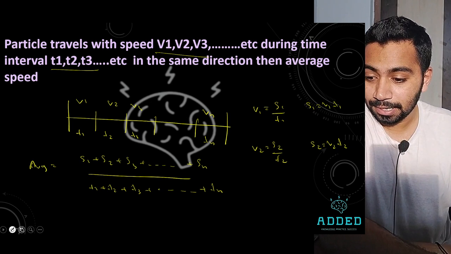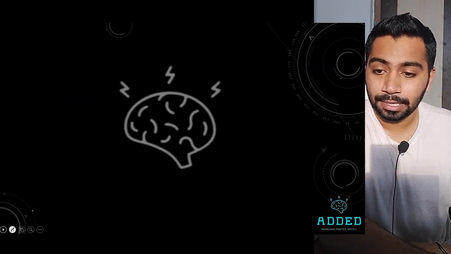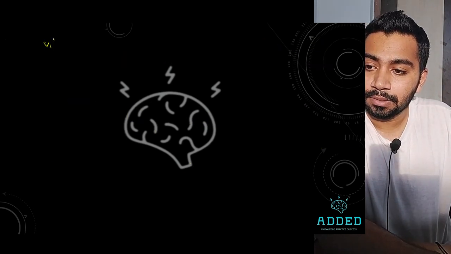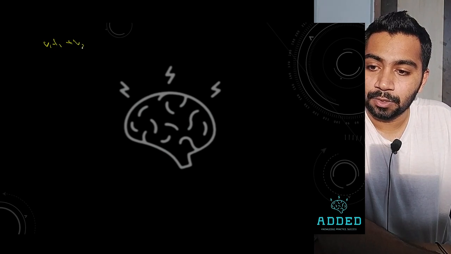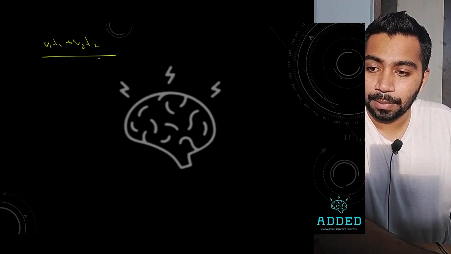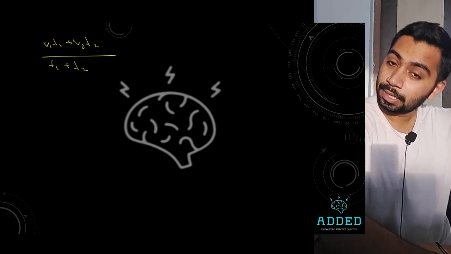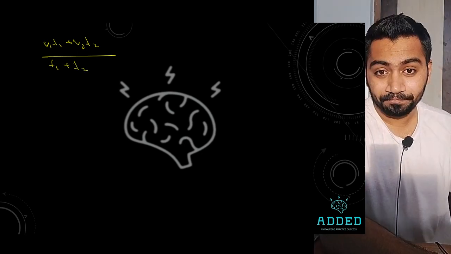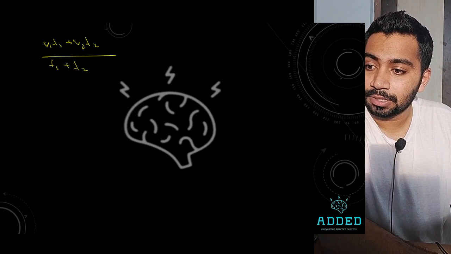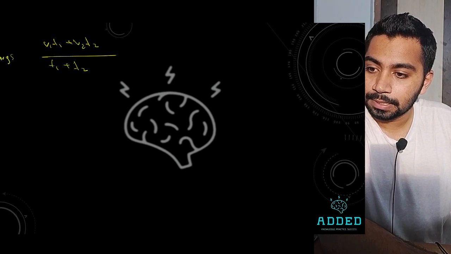Yes, I can write. Finally I can write v1 t1 plus v2 t2 divided by t1 plus t2, which is the average speed.